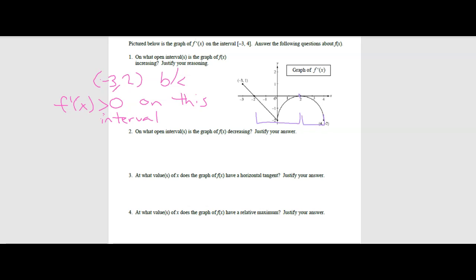Now, we can't include 2 because f prime is 0 at 2, which means it's neither increasing nor decreasing. So we do have to split those intervals up at x equals 2. So we'll have -2 to 2 union 2 to 4, because f prime of x is less than 0 on these intervals.